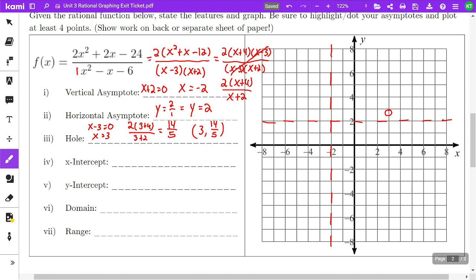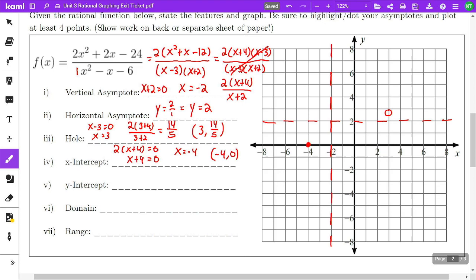Then I'll do my x-intercept. That's when I set my numerator equal to 0. I'm going to do that of my simplified form. So I'll have 2 times x plus 4 equals 0. Divide both sides by 2. I will get x plus 4 equals 0. And then subtract 4, I'll get x equals negative 4. So my x-intercept is going to be negative 4 comma 0. Plot that point there.